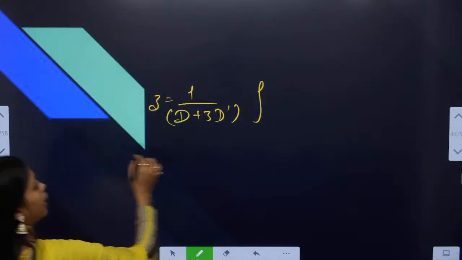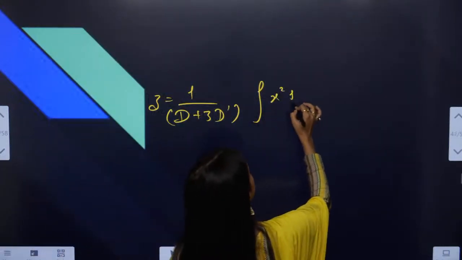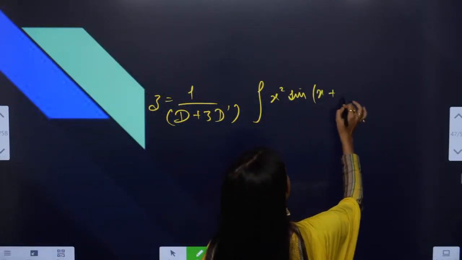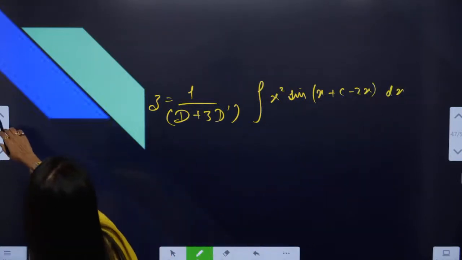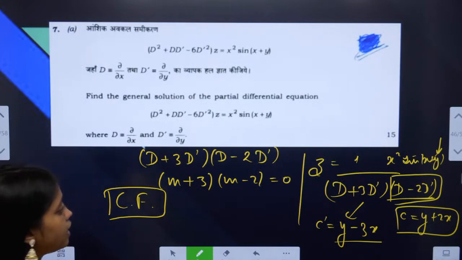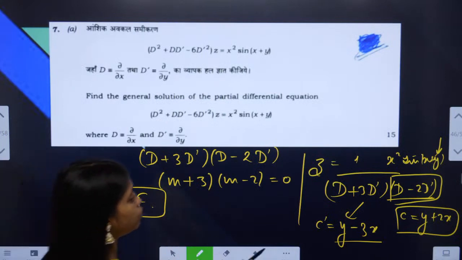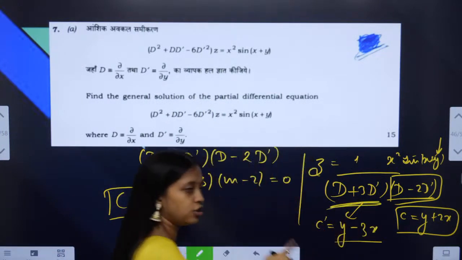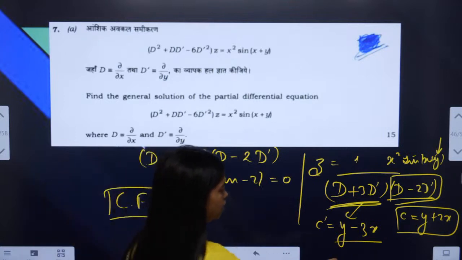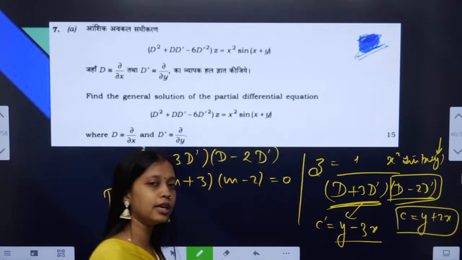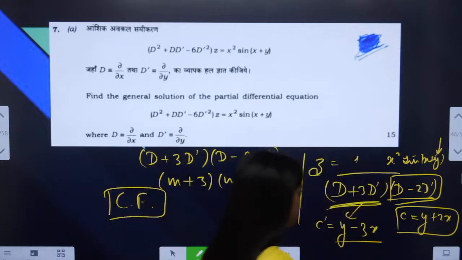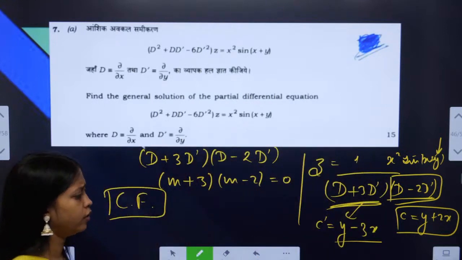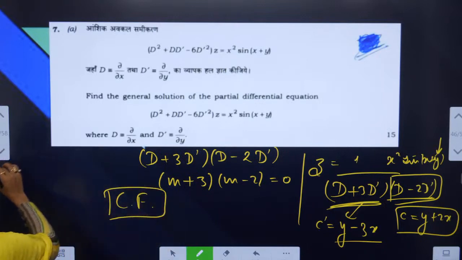It becomes x square sin(x plus c minus 2x) dx, right. And do the calculation. When you apply this, change y as c dash plus 3x, and again you can do the integration and you will get the answer. Okay, the initial kind of problem. So, done.